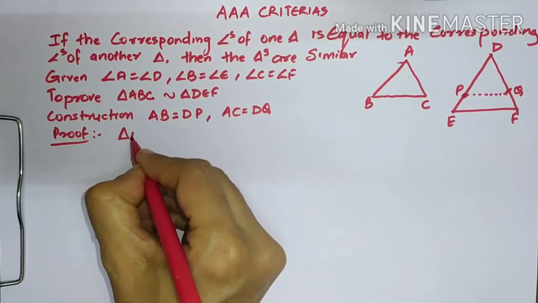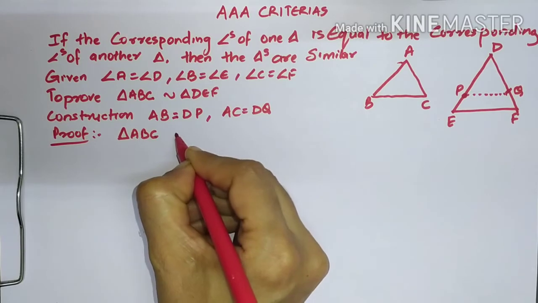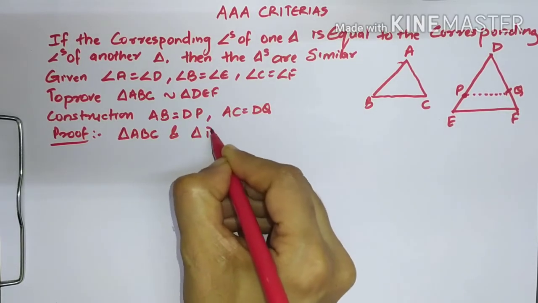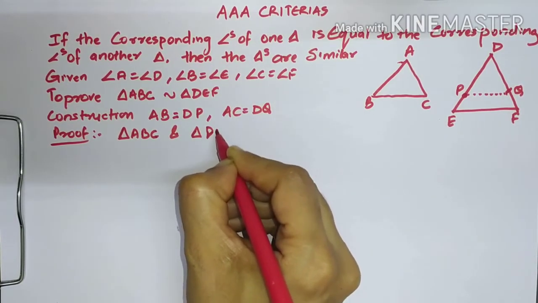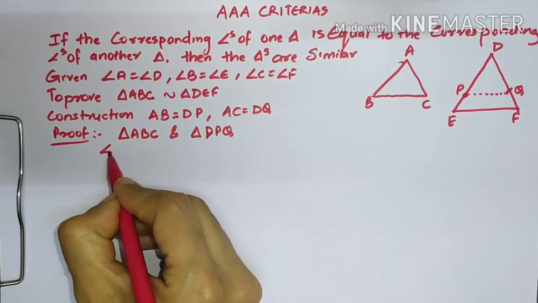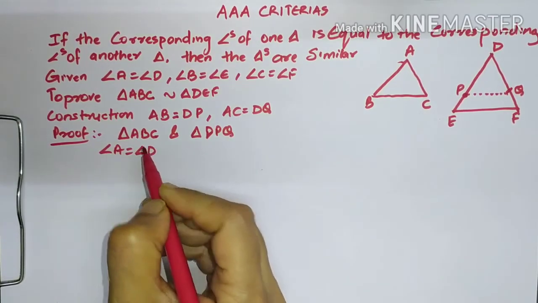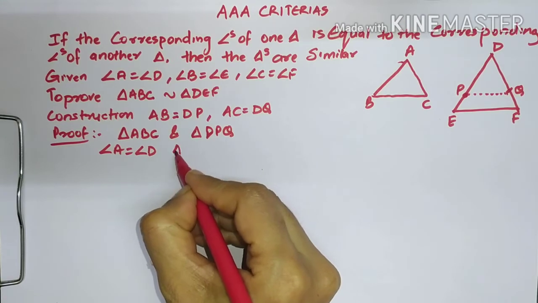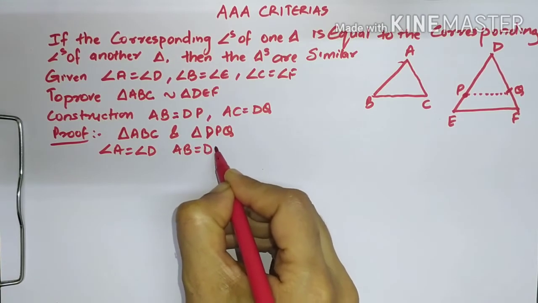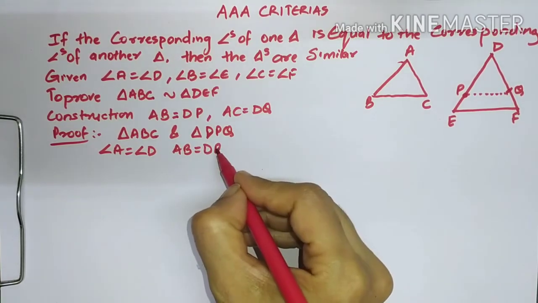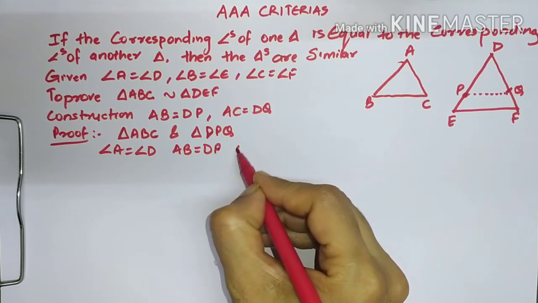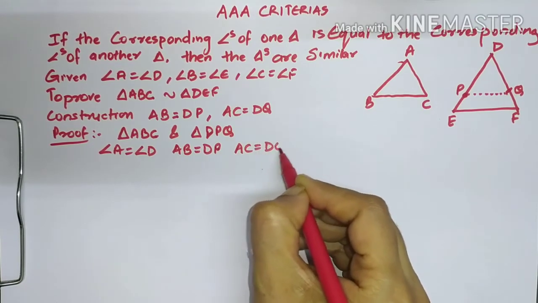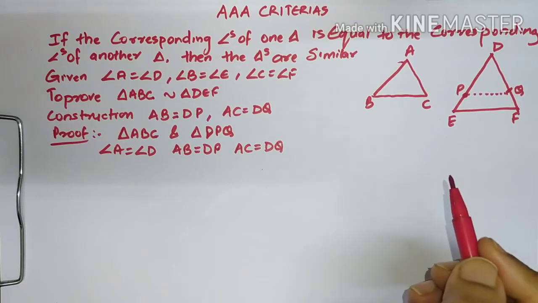Now I'll take up triangle ABC and triangle DPQ. We have angle A is equal to angle D, which is given, and we have AB is equal to DP because of the construction, and AC is equal to DQ, again because of the construction.